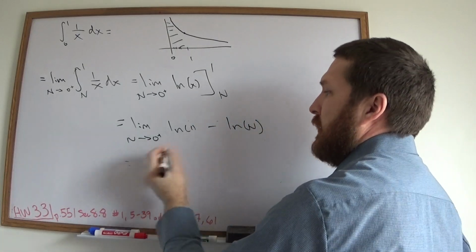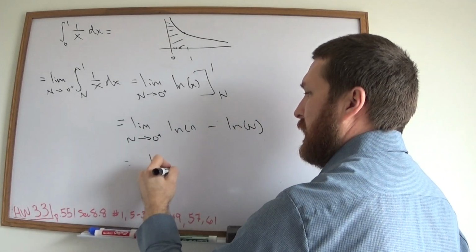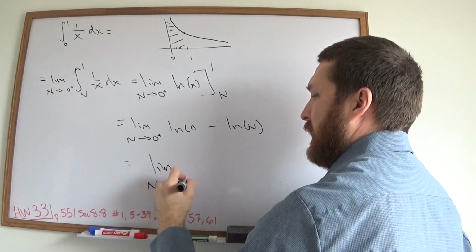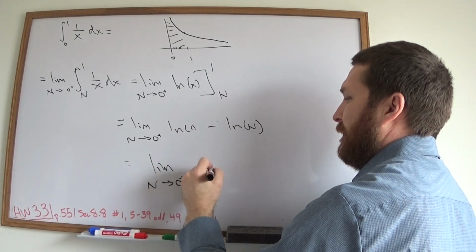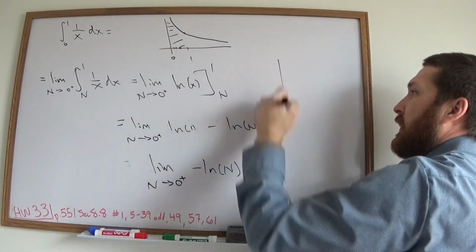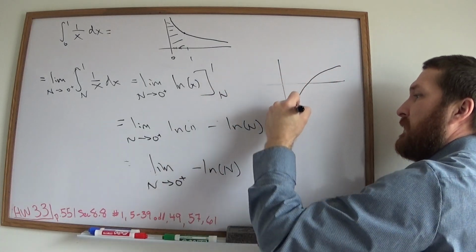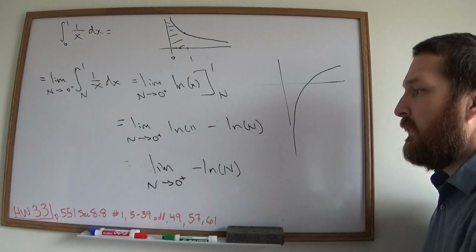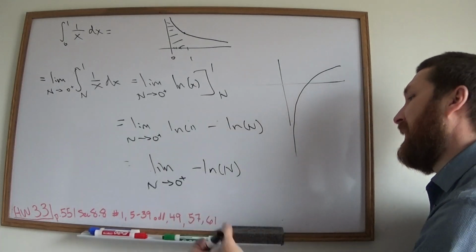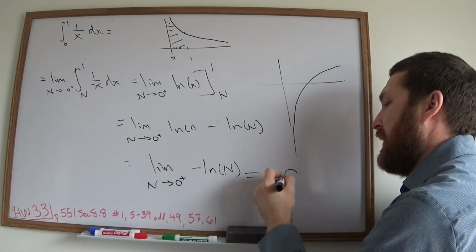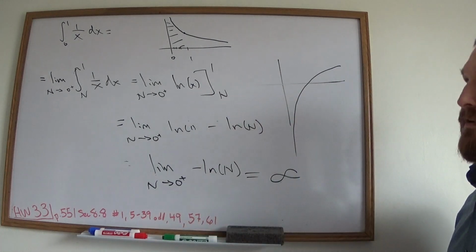Log 1 is 0, minus that limit. Log of 0, you can't do that. There is no limit, because as you go to 0, log goes to negative infinity. Negative infinity gives you a positive infinity. It doesn't converge.